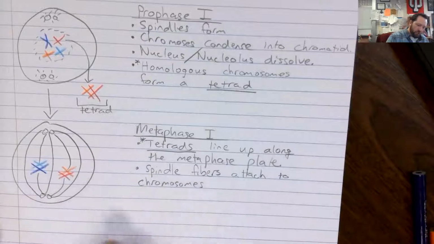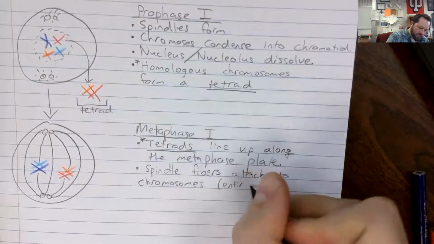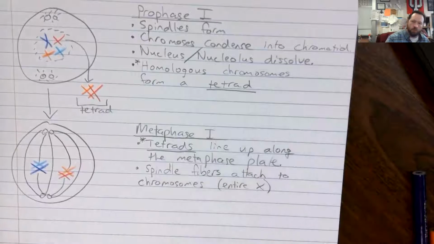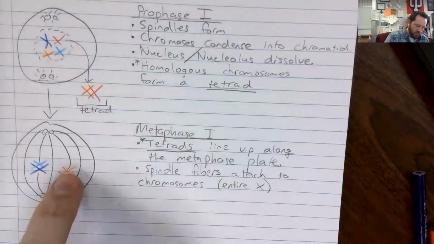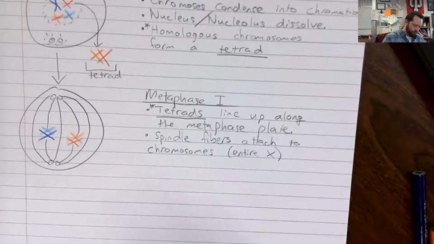But we're going to have the spindle fibers attached to the chromosome, the entire X this time. If you remember back to mitosis, they attach to sister chromatids. This time, they're going to attach to the entire chromosome.